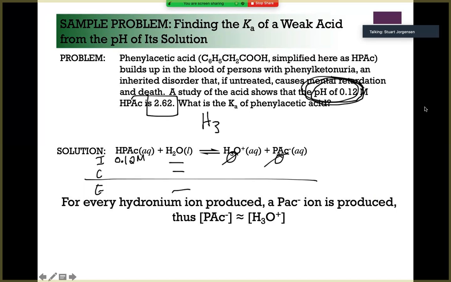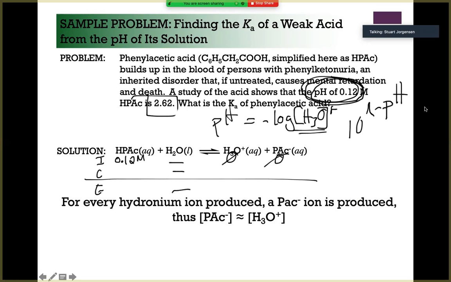Remember, that actually measures the hydronium concentration, the H3O plus. Negative log of our H3O plus gets us to our pH. So if we know the pH, we can actually solve for the hydronium concentration. If we do 10 to the power negative pH, we get our hydronium.